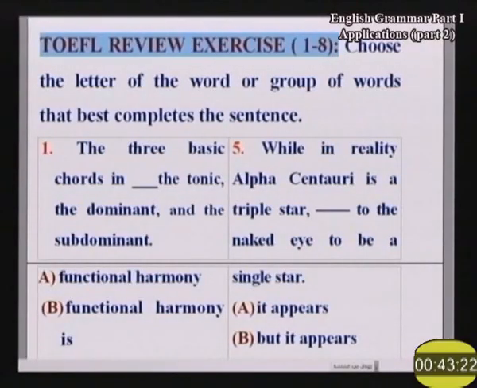The three basic chords in the tonic, the dominant, and the subdominant. طيب, أنا هنا الجملة دي أنا بقول the three basic chords. Subject. In بعد in يبقى لازم يبقى عندي object of in, object of the preposition. بعدين ما عنديش فعل. يبقى أنا عايزة noun, which is object of the preposition, and a verb for the sentence. نشوف كده.